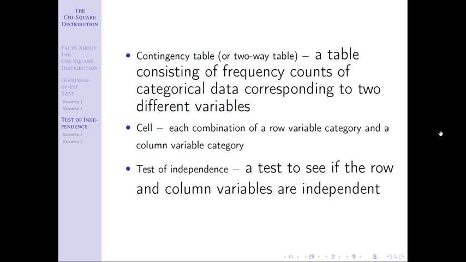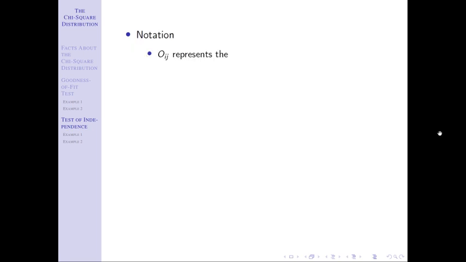Some notation here. We still have O to represent the observed count, just like before, but notice we have two subscripts. That's because we have to specify which of the row variables we're referencing and which of the column variables we're representing. Before, we only had one subscript, we only had one variable, so we just had to say which group we're in. But now we have a row variable to worry about and a column variable.